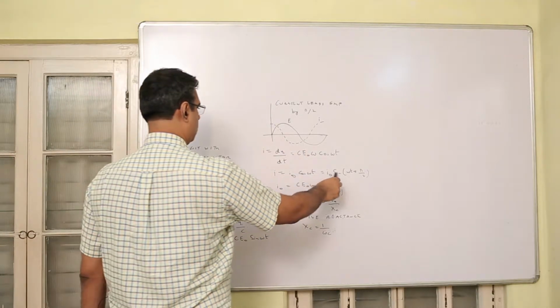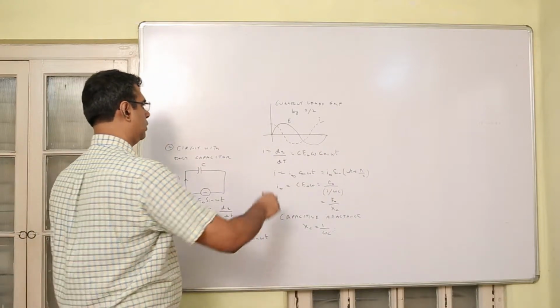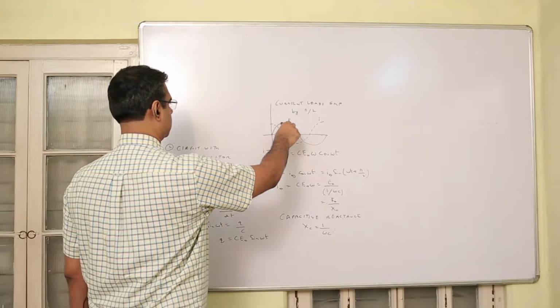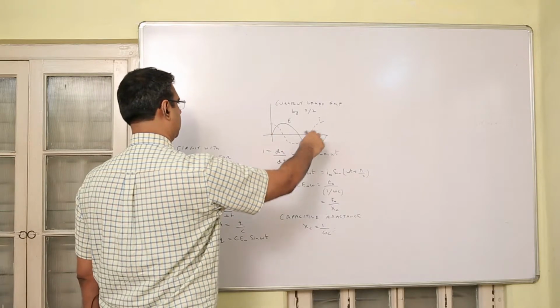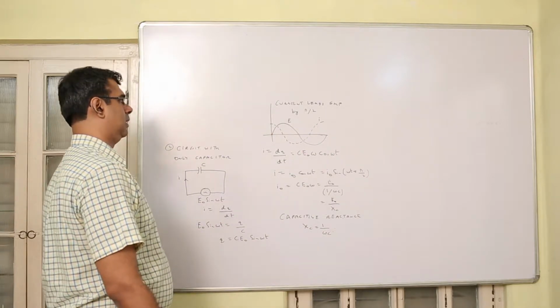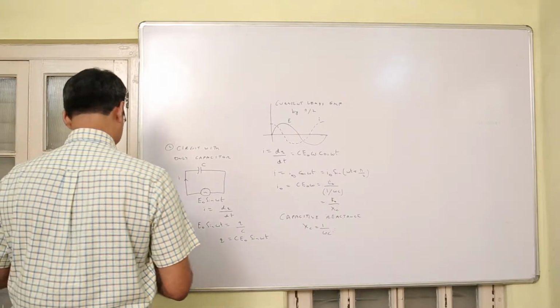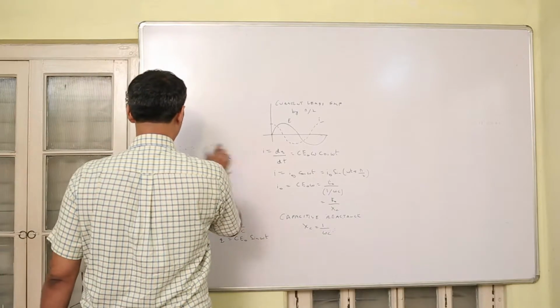Since I is equal to I0 sine omega t plus pi by 2, you will notice that if you graph voltage and current together, then this solid line is the voltage graph and the dashed line is the current graph, and we can say that the current leads the EMF by pi by 2. So this is the AC circuit with only a capacitor.